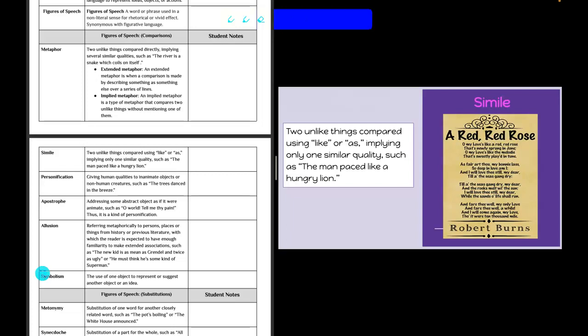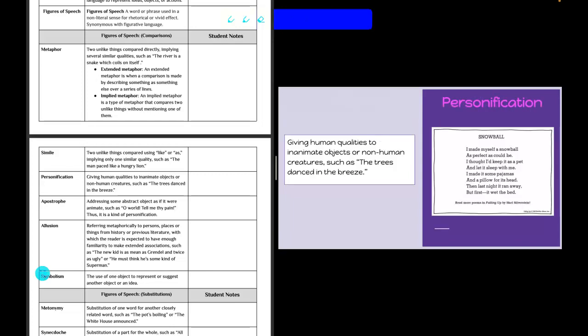That is also considered a simile. Personification is giving human qualities to inanimate objects or non-human creatures, such as the trees danced in the breeze.